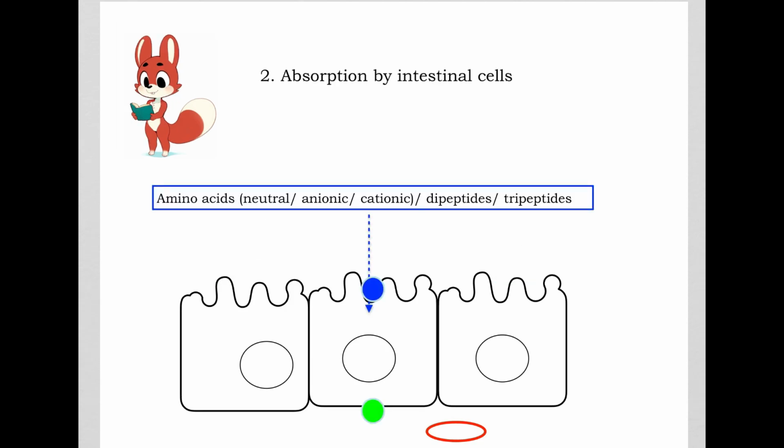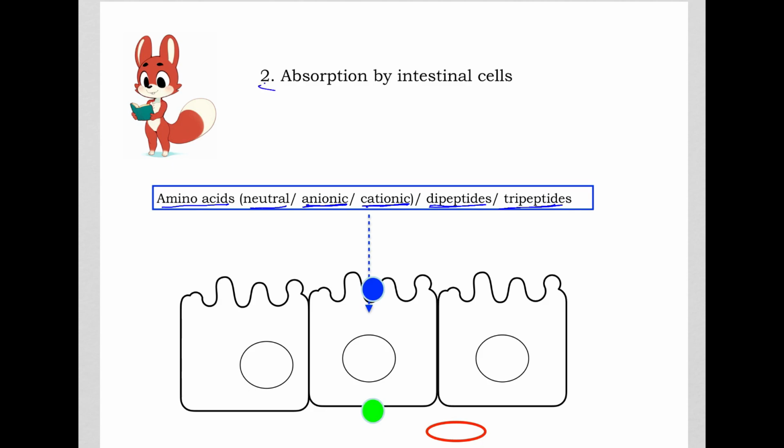So at the end of all this digestion, we now have the amino acids, which could be either the neutral ones, the anionic or acidic ones, as well as the basic or cationic ones. And we have some dipeptides as well as tripeptides.